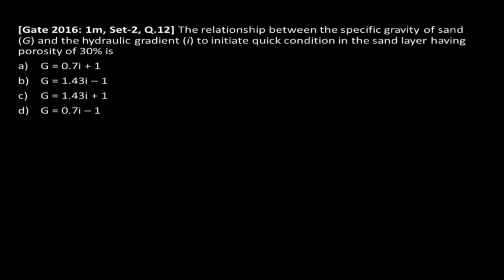In this question, we know that the relationship of quicksand condition will be IC is equal to G minus 1 by 1 plus E, where 1 by 1 plus E equal to 1 minus N, nothing but the relationship between porosity and void ratio.